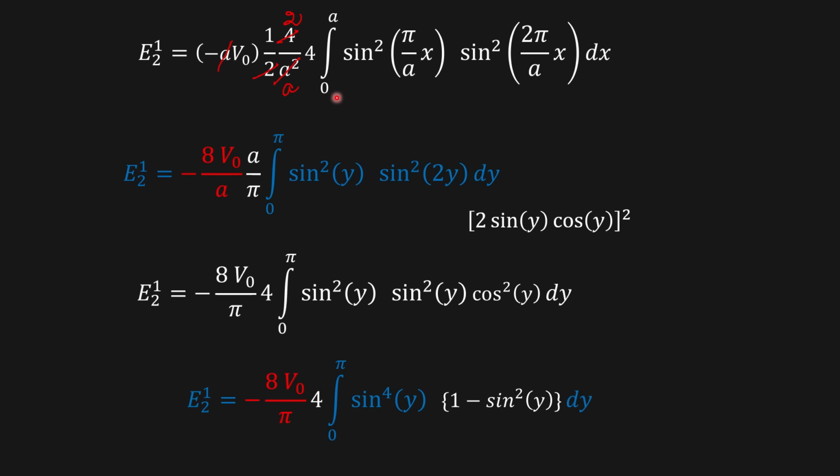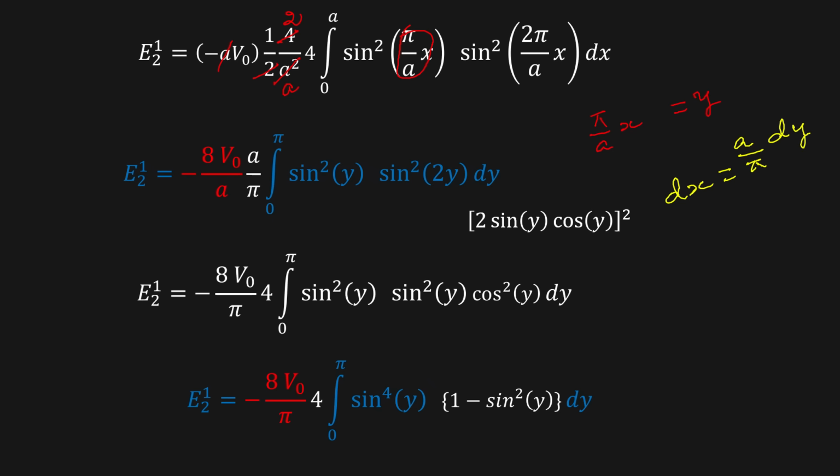Now you can replace pi by a x as y. Then what is dx? dx is equal to a over pi dy.